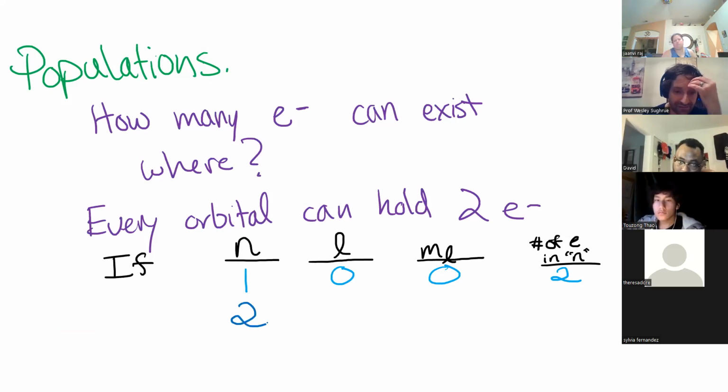If the value of n is 2, possible values of L are 0 and 1, possible values of M sub L are -1, 0, and 1. So for the number of electrons in n, what is that? What do you think it is, guys?